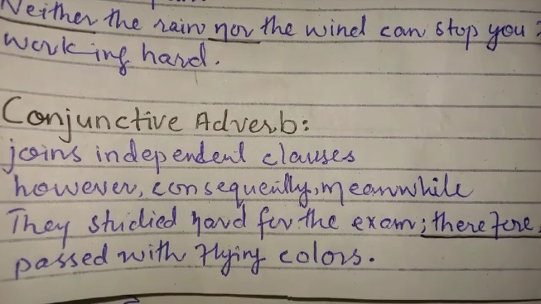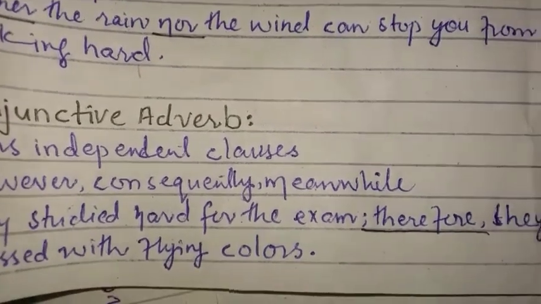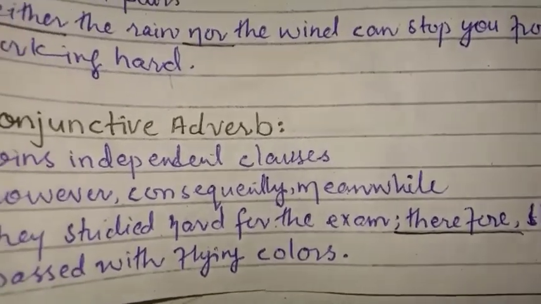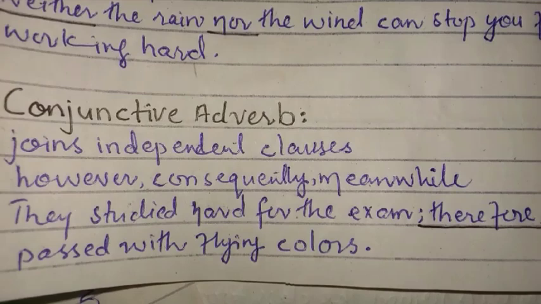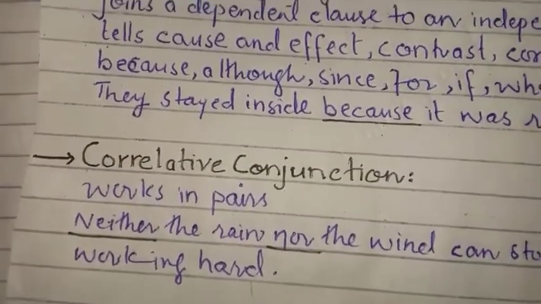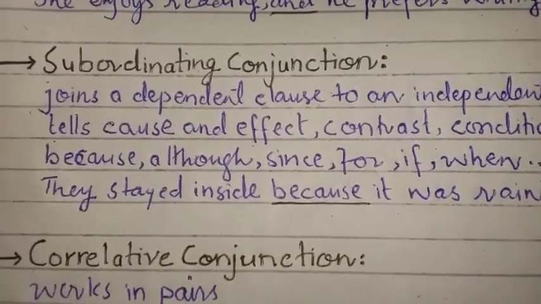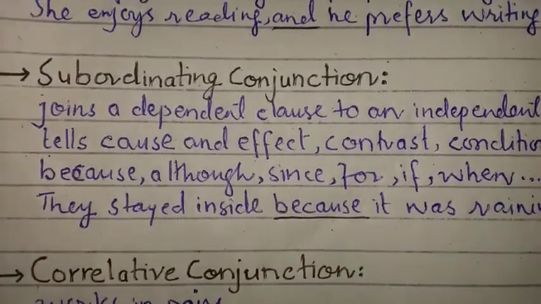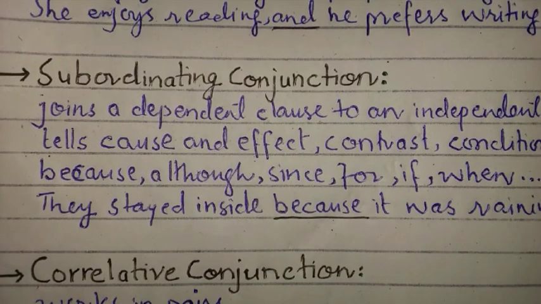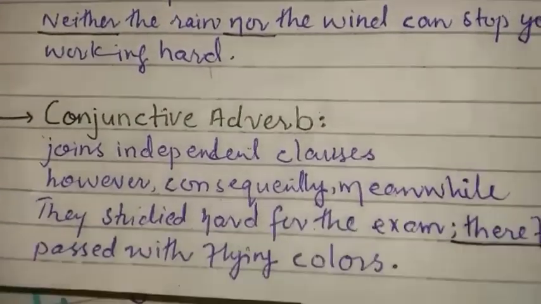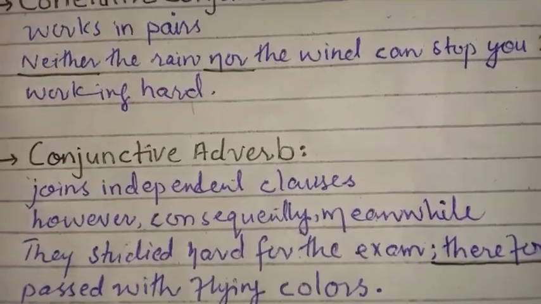They studied hard for the exam. Therefore, they passed with flying colors. This is the conjunctive adverb. Now, what could be the difference between subordinate conjunctions and conjunctive adverbs? We can have the same examples for both, because both also show contrast.